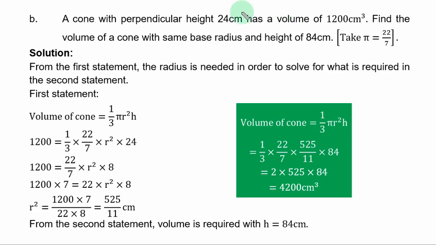Question 12b. A cone with perpendicular height 24 cm has a volume of 1,200 cubic centimeters. Find the volume of a cone with the same base radius and height of 84 cm.